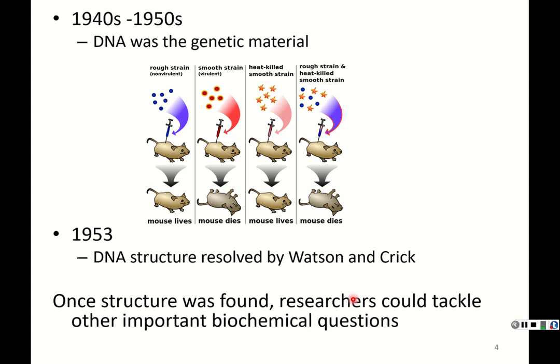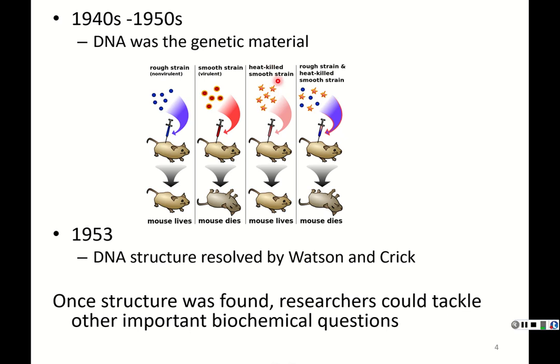All right. Well, historically, if we look back in history, it was in the middle of last century when it was really discovered that DNA was the genetic material, and there's a famous experiment where you inject a mouse with a non-virulent rough strain of a virus, or I should say bacteria, and that mouse would live, and then you inject a smooth strain that is virulent into the mouse, and the mouse would die.